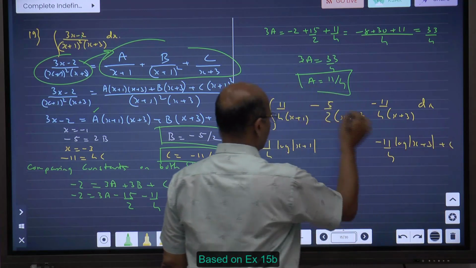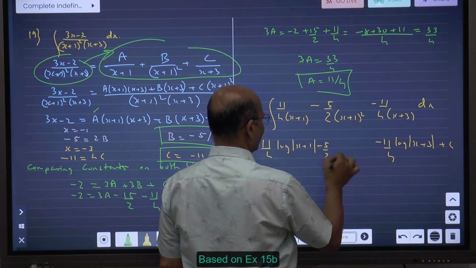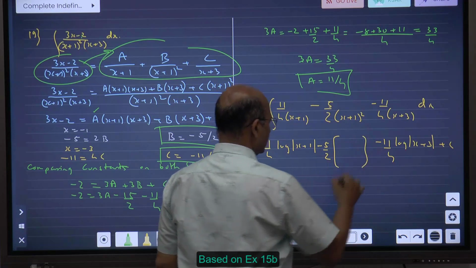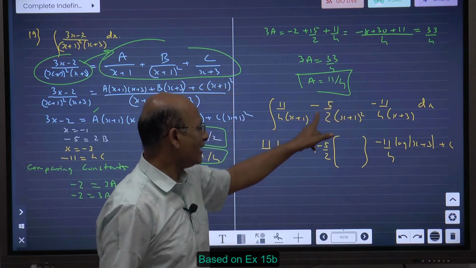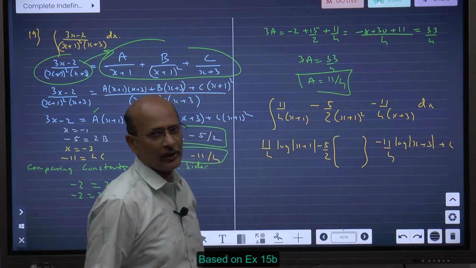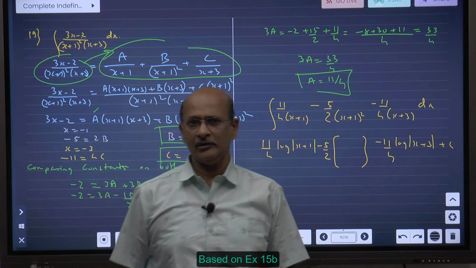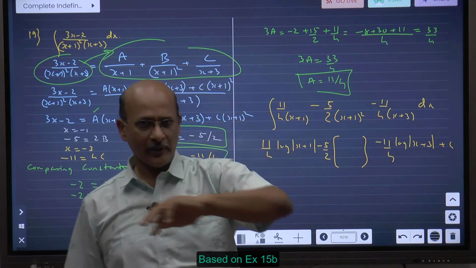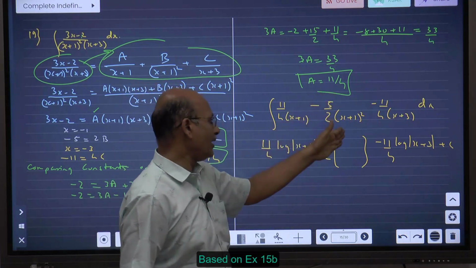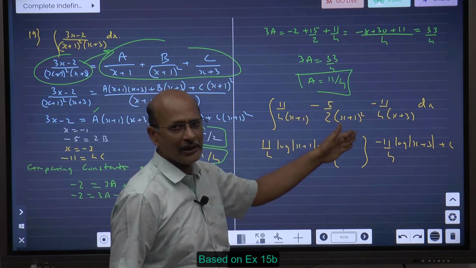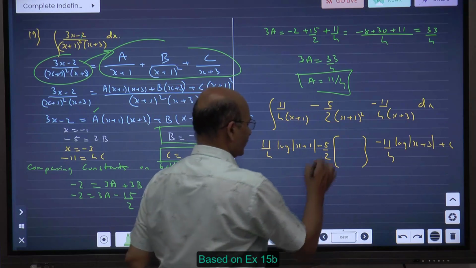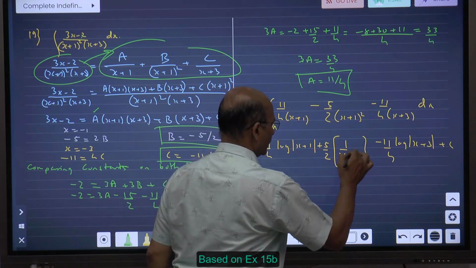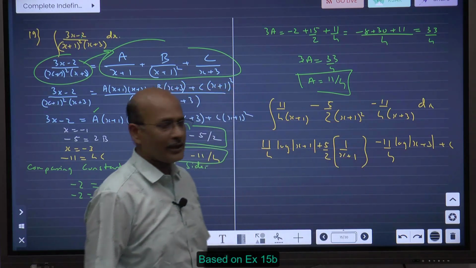Now look at this. Minus 5 by 2 I am writing as it is. Now this is 1 upon x plus 1 square, whose derivative is: 1 upon x has derivative minus 1 upon x square. This is minus 1 upon x plus 1 whole square. The derivative of 1 upon x plus 1 is minus 1 upon x plus 1 whole square. Understanding or not?